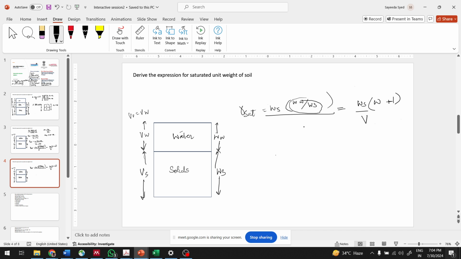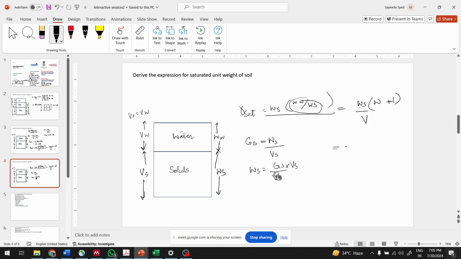Okay, so we know that Gs equals weight of solids over volume of solids. Then we can write volume of solids is equivalent to Ws over Gs into gamma W.